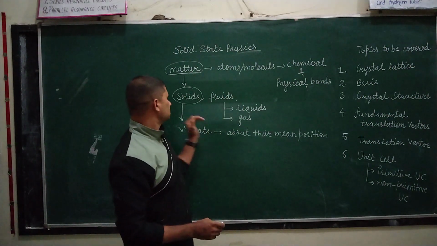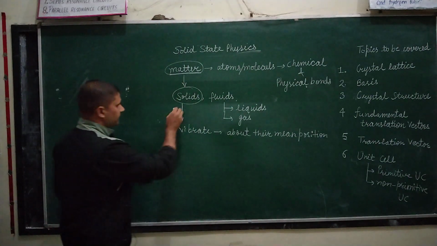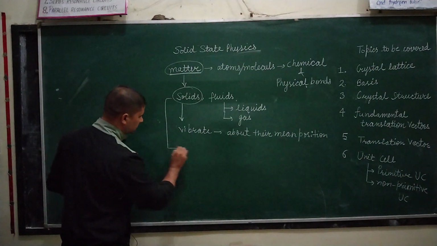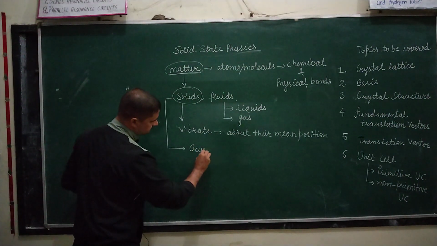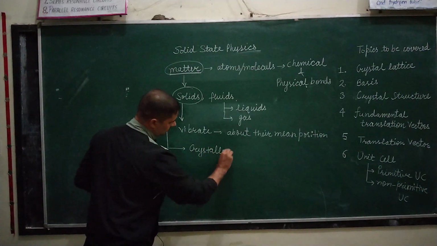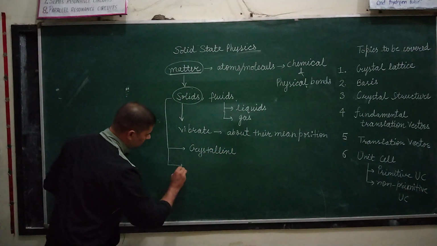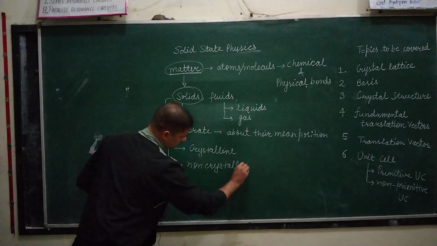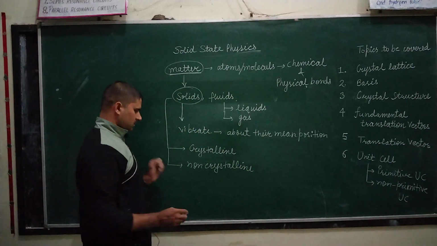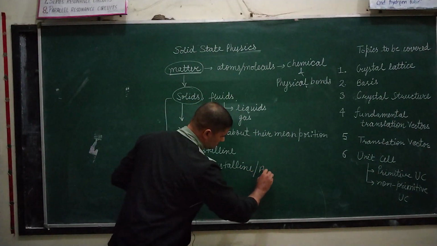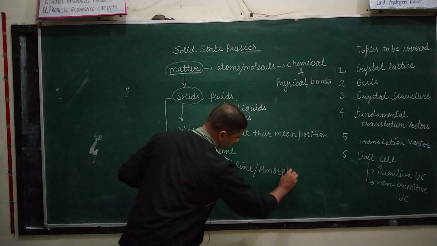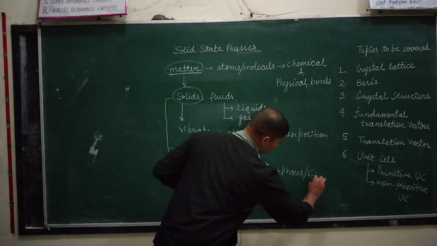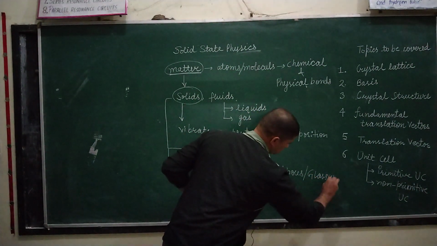Depending upon the bond strength and arrangement of the particles, we can categorize solids into crystalline solids and non-crystalline solids. Okay class, non-crystalline solids are also called amorphous solids, or glassy solids.